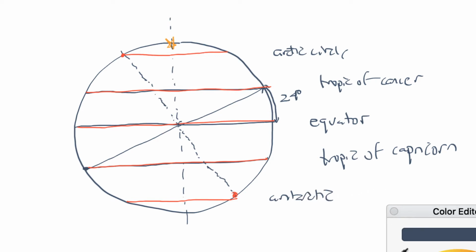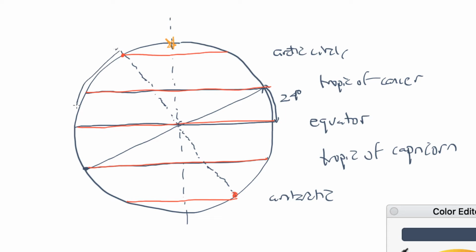Now, what are the angles of these? Well, we know that if this axis, the axis of the ecliptic, is perpendicular to the ecliptic line right there, then this must be 24 degrees up here as well. And if this is 24 degrees, then this right here must be 66 degrees. And he mentions that in this chapter. He says 66 degrees and 9 minutes, or approximately 66 degrees.